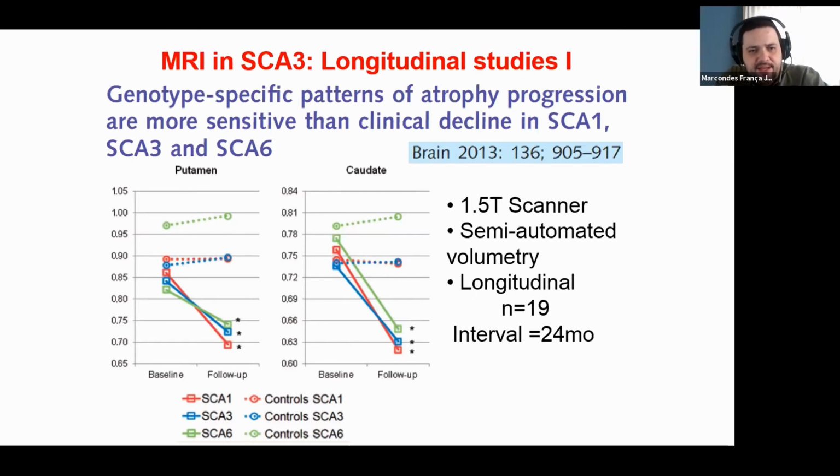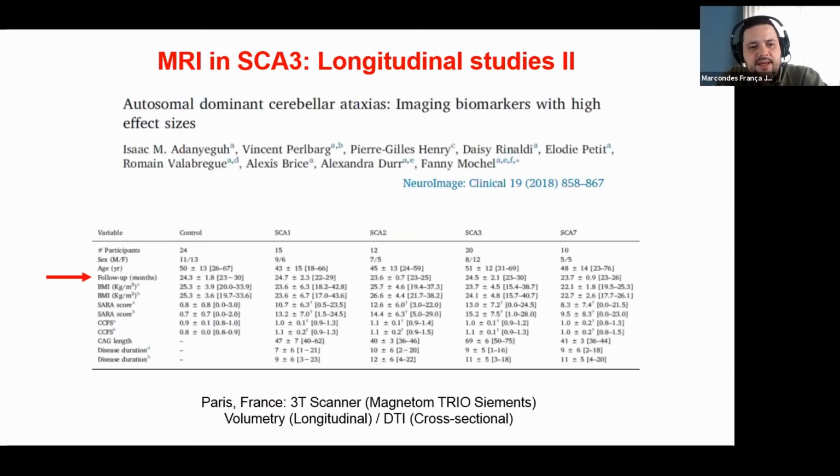The second study I'd like to show you is a study from a French group. It was published 2 years ago in NeuroImage: Clinical, and in this study, authors were able to evaluate a cohort of 20 patients with Machado-Joseph disease, and the follow-up here was again 24 months, so close to 2 years. So in this study, authors actually looked at volumetry and also at the DTI analysis, but the DTI analysis was just cross-sectional.